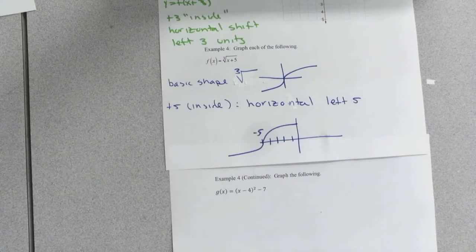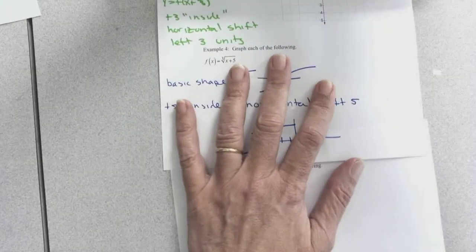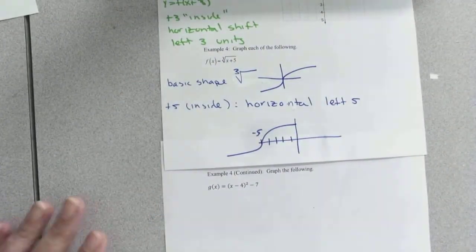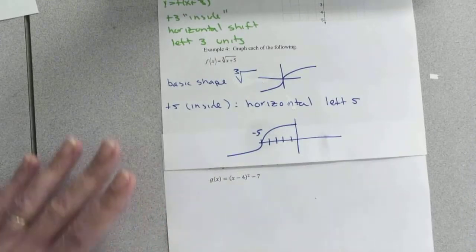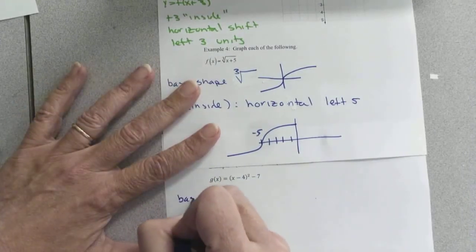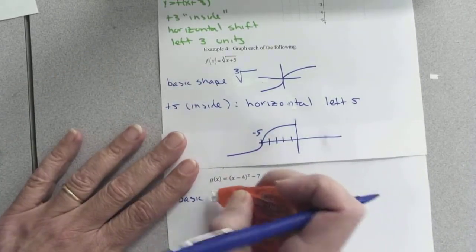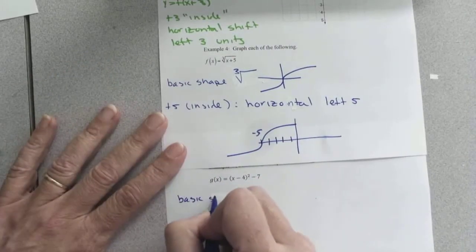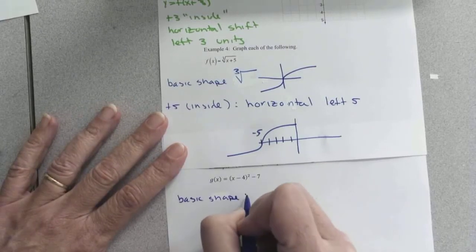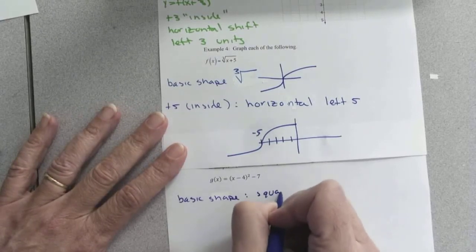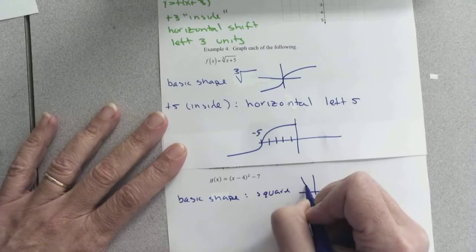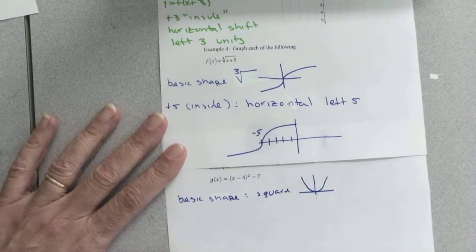Okay, next one. We got 2 things going on here, but it's going to be the same thought process. We just decide what each thing is doing for us. So my basic shape comes from the square, which makes it that parabola.